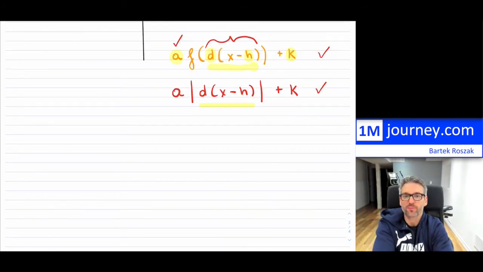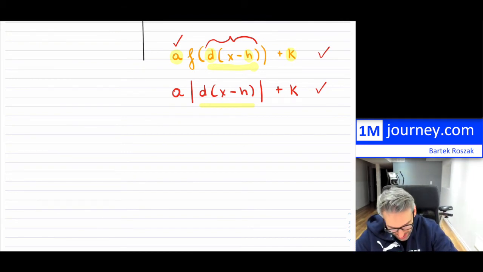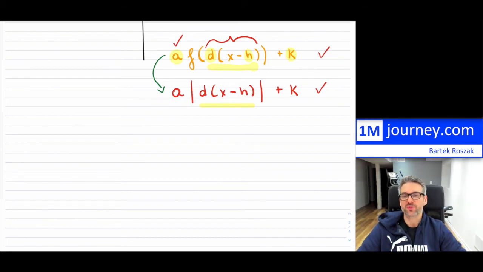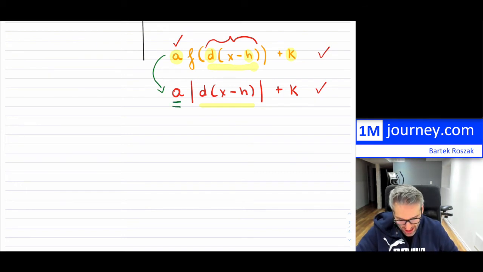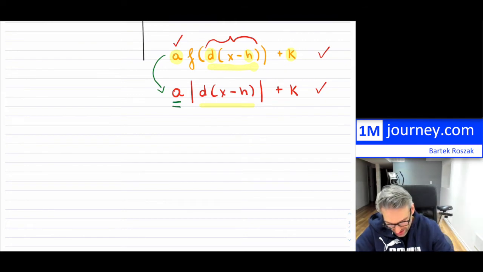All right, so now that we've mapped these from the general function to, let's say, our absolute value function, let's take a look at what these transformations would do. Again, this is a review. So if we had an A, some value of A, what would actually happen?